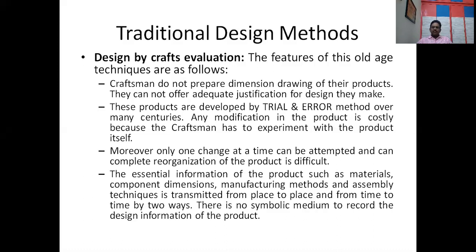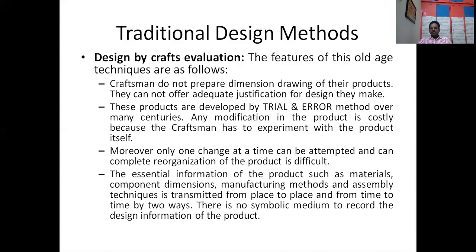The essential information of the product, such as materials, component dimensions, manufacturing methods, and assembly techniques, is transmitted from place to place and from time to time by word of mouth.